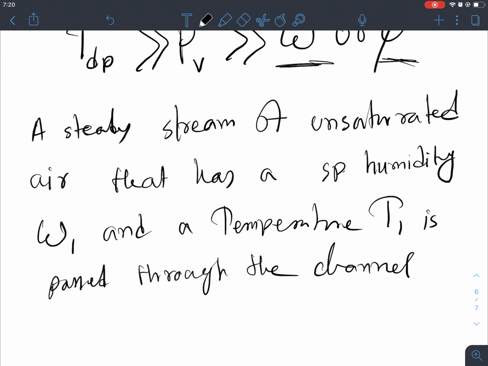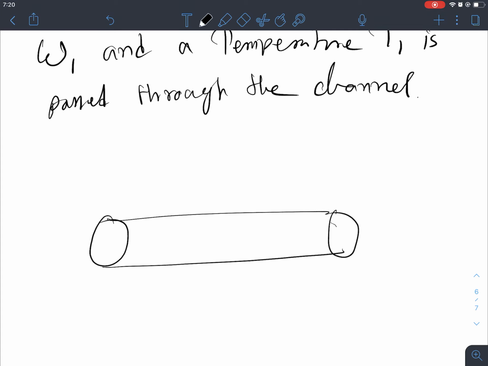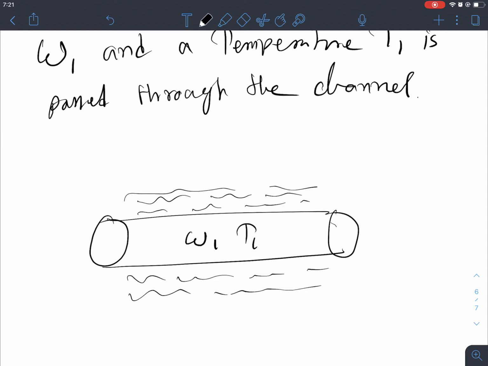Through the channel, right? Then what happens is the airflow goes over this water, for example. So this is omega 1 and T1, and the airflow is happening on top of this channel.